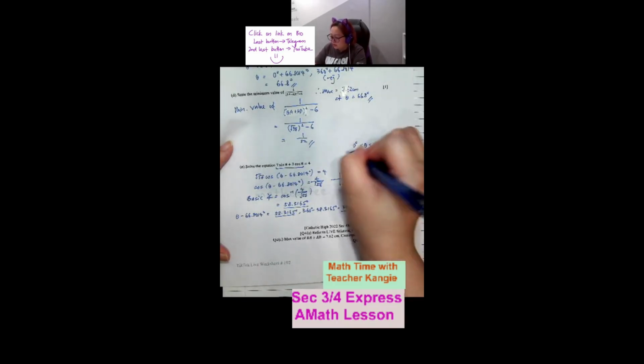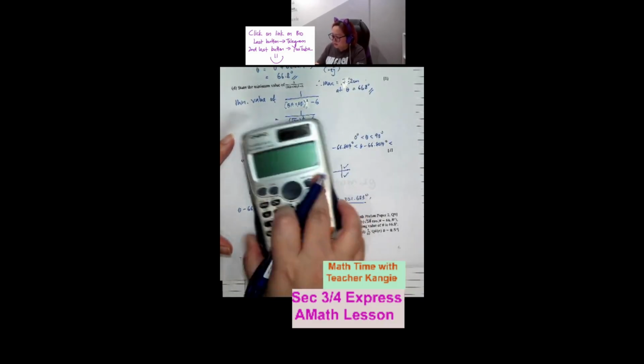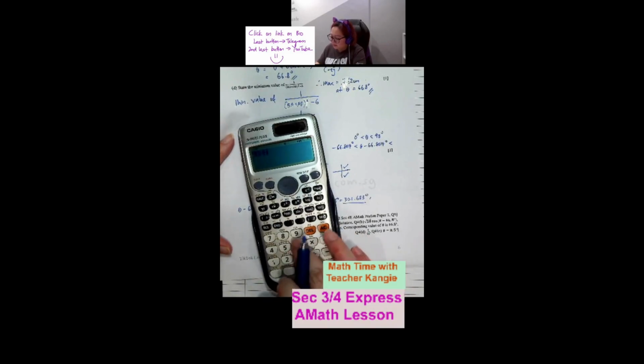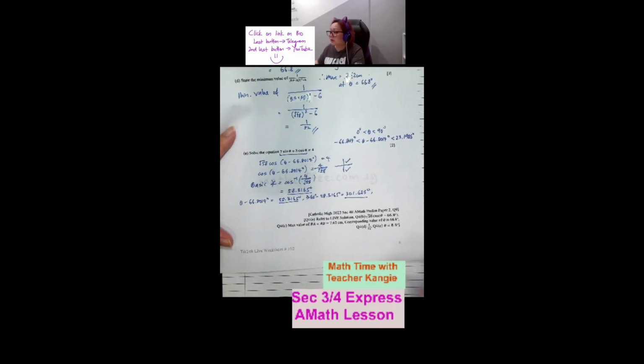It will be between negative 66.8014 and 90 minus 66.8014, so we will have 23.1986. So this is my working range.